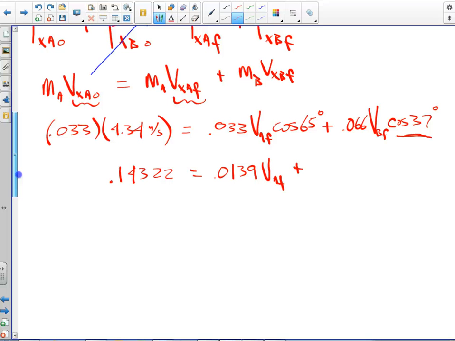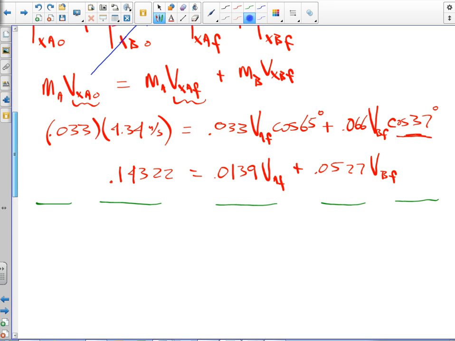That's going to be 0.0527 times B's final velocity. But at this point, I'm stumped because I have two unknowns. So probably a good time now to go to the y dimension.